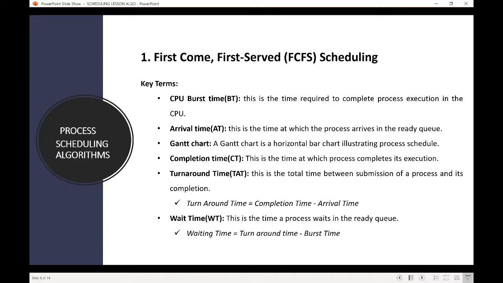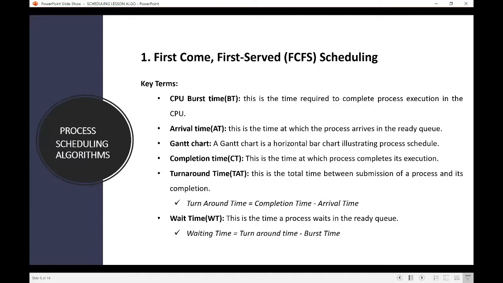Then each process has to mark the arrival time. The arrival time is the time at which the process arrives in the ready queue. Every time the process enters the ready queue, the scheduler will mark the time it has arrived.